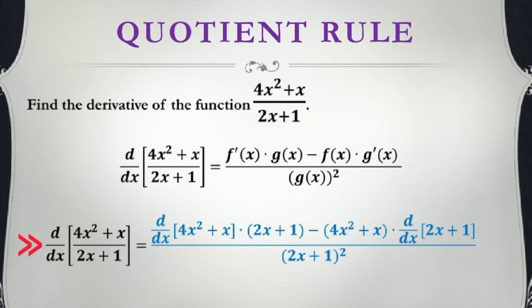The derivative of 4x squared plus x over 2x plus 1 is equal to the derivative of 4x squared plus x times 2x plus 1 minus 4x squared plus x times the derivative of 2x plus 1, all over 2x plus 1 squared.